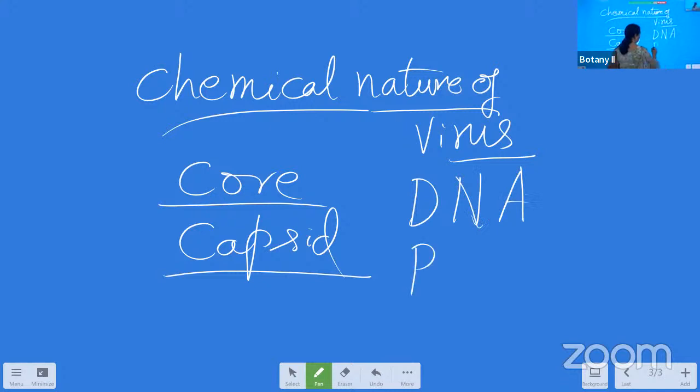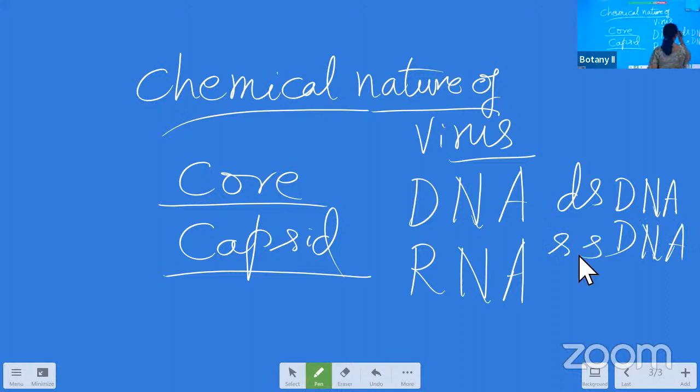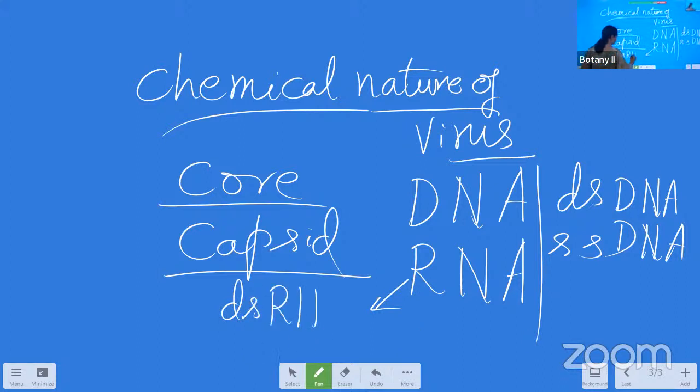So in this DNA also, DNA may be the double-stranded DNA or single-stranded DNA. And RNA is of double-stranded RNA or single-stranded RNA.